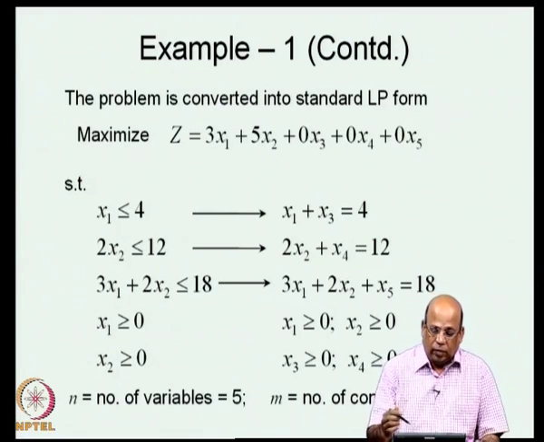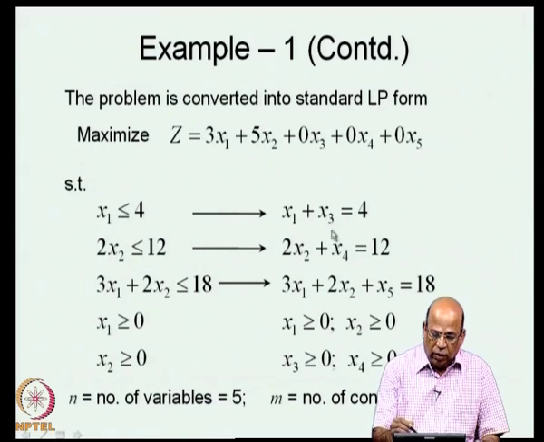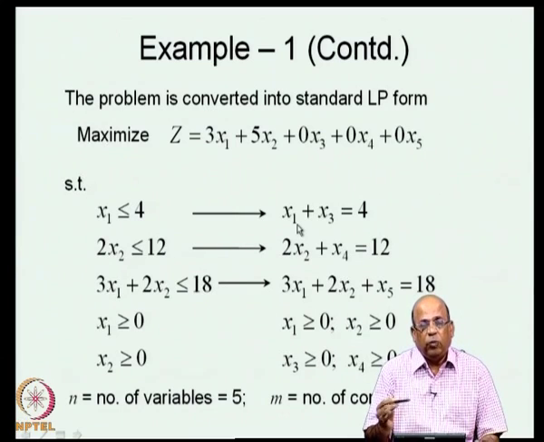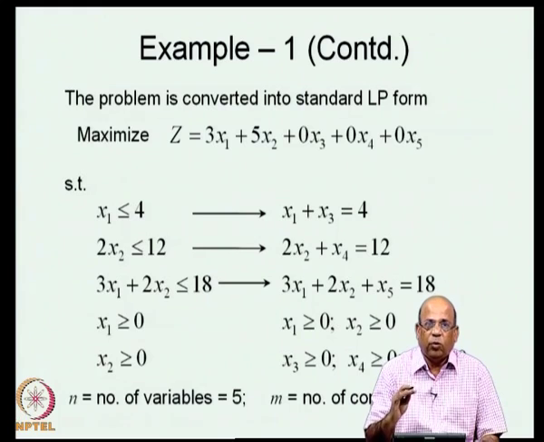As I mentioned, when you have typically one slack variable associated with each of the constraints, you set the initial variables, the original variables x 1 and x 2, to be 0. So, we obtain the initial basic feasible solution in most cases by setting the original variables to 0.